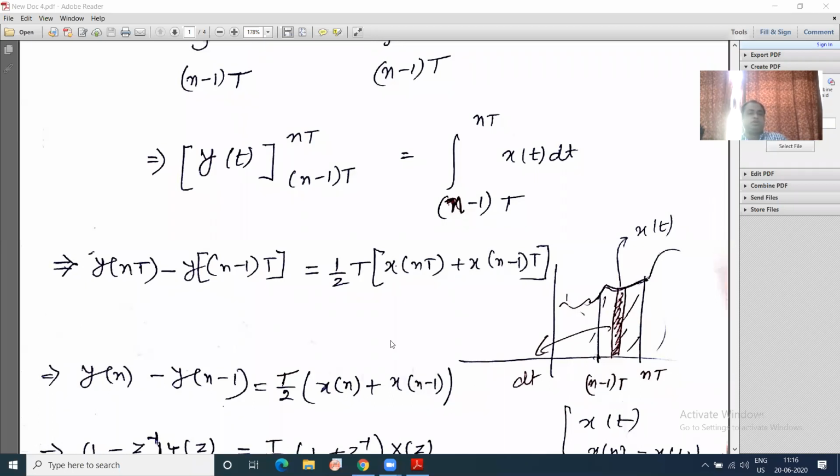This is the formulation of the computation of area. So the area under the curve x(t) over the limit (n-1)T to nT could be written as T/2 times x(nT) plus x((n-1)T). Agreed?